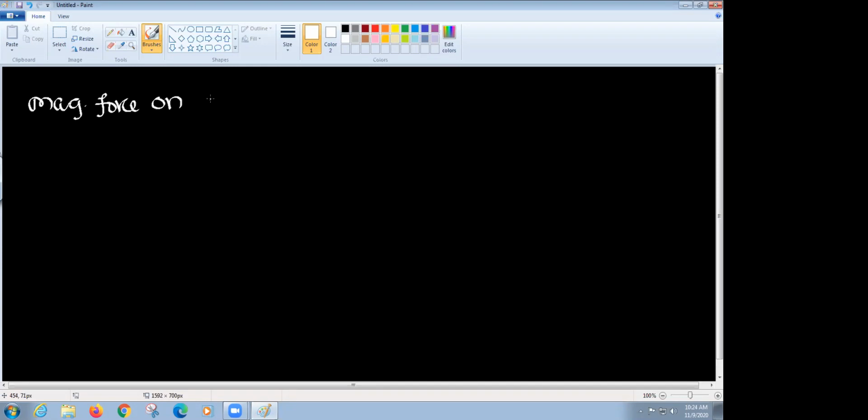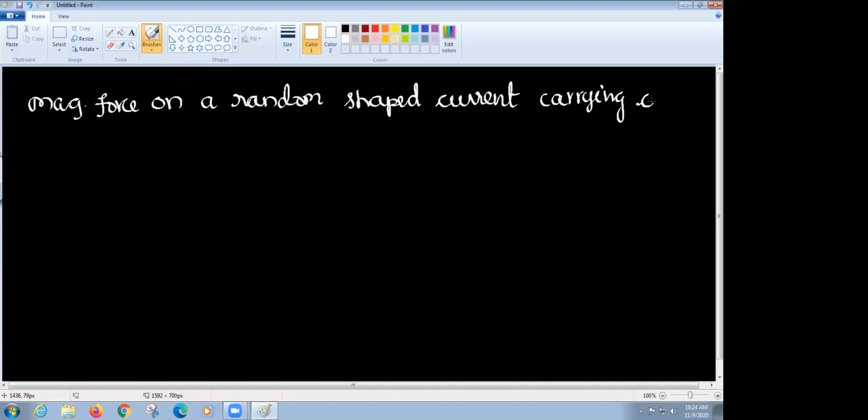Say magnetic force on a random shaped current carrying conductor. Take some random shape. For example, you have some magnetic induction. Direction of magnetic induction is into the board.